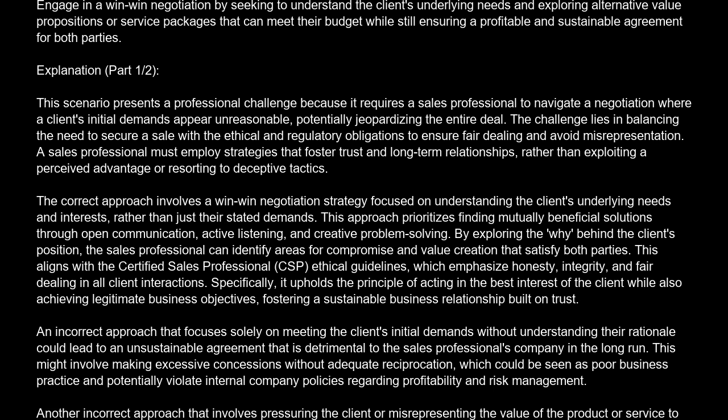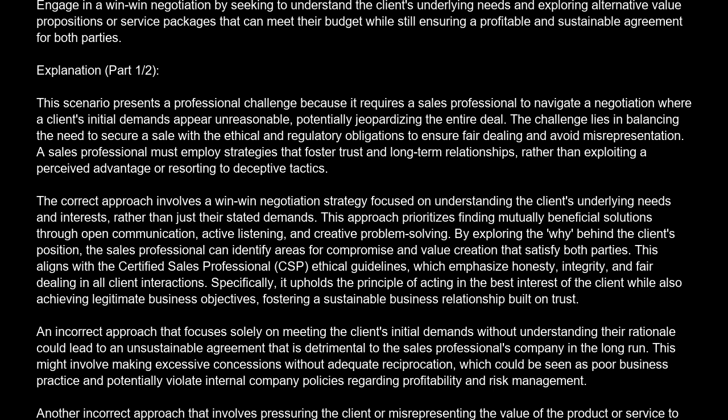This aligns with the Certified Sales Professional (CSP) ethical guidelines, which emphasize honesty, integrity, and fair dealing in all client interactions. Specifically, it upholds the principle of acting in the best interest of the client, while also achieving legitimate business objectives, fostering a sustainable business relationship built on trust.